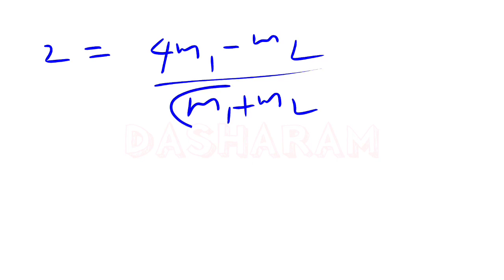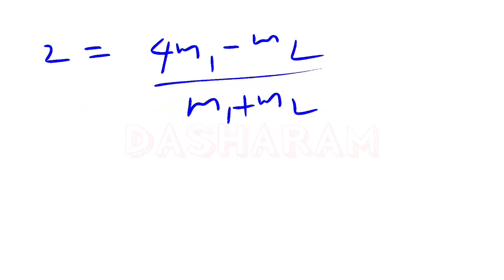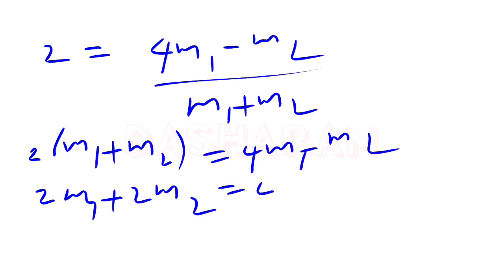Now this denominator m1 plus m2 transposes to the left side. So 2 into m1 plus m2 equals to 4m1 minus m2. So 2m1 plus 2m2 equals to 4m1 minus m2. Write m1 terms on the left side and m2 terms on the right side.